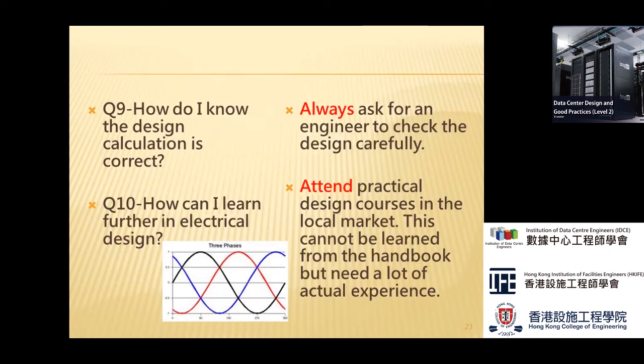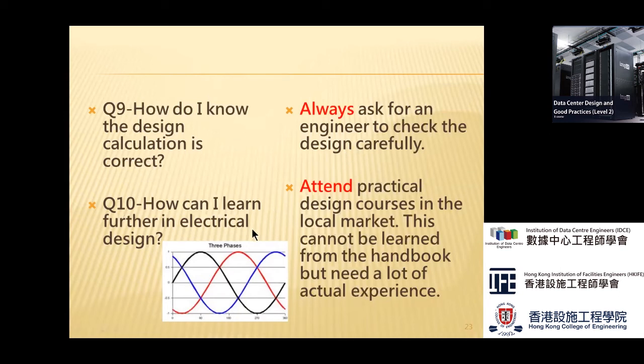Actually, there's a factor of 1.8 which we need to multiply onto those fluorescent lamps. But we missed that out. But luckily, the cable size was still able to make it. So always ask a qualified electrical engineer to check the design.